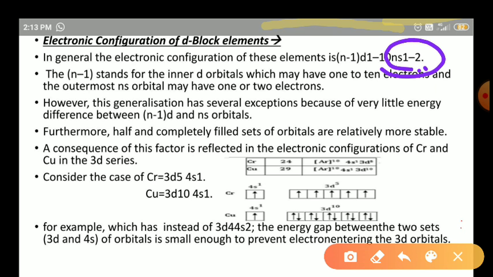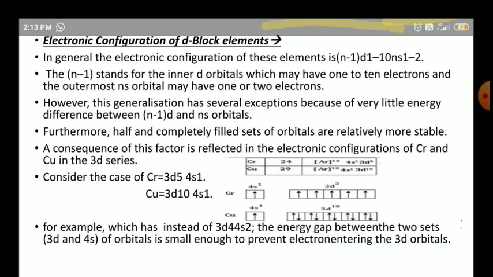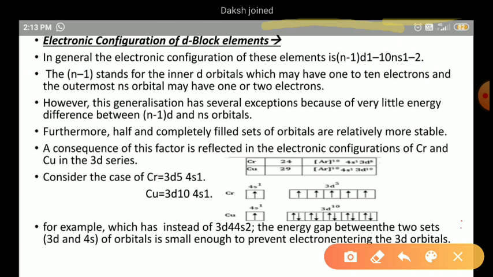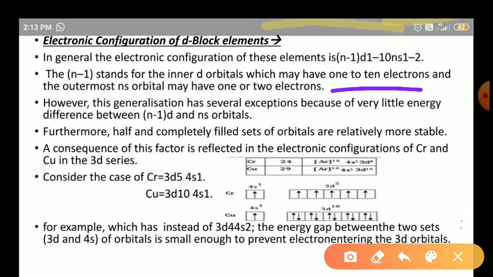S orbital. So n minus 1 stands for the inner d orbital. This is the inner d orbital and this is the valence orbital. But electrons are filled first in the s orbital. In the inner d orbital, 1 to 10 electrons are filled, depending upon the atomic number of the element.